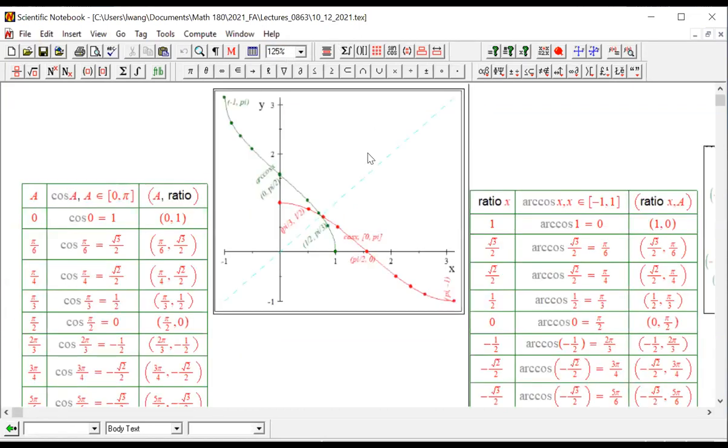All right. When you look at the red curve, we know that's the cosine between 0 to pi, right? That's the cosine between 0 to pi.